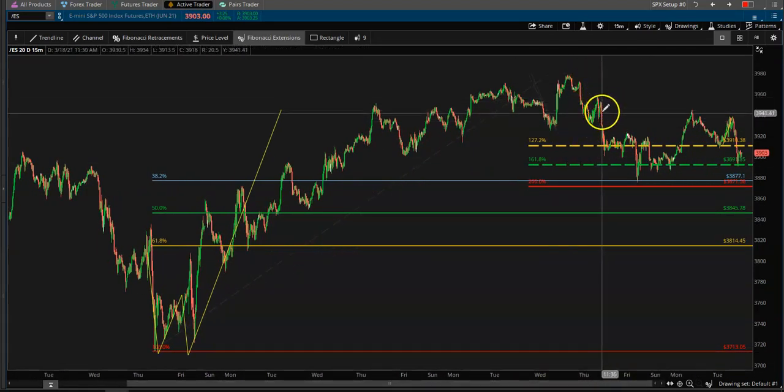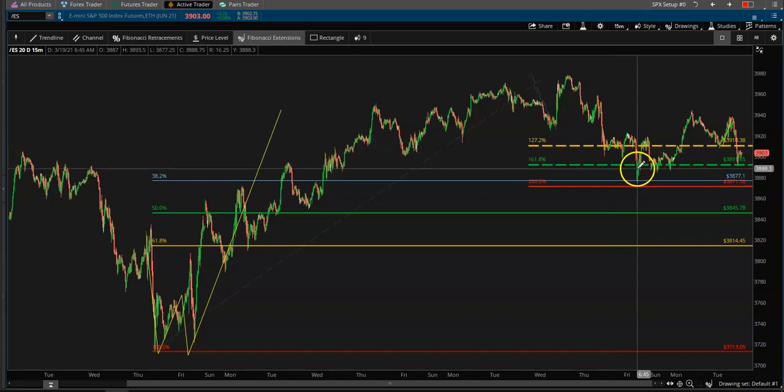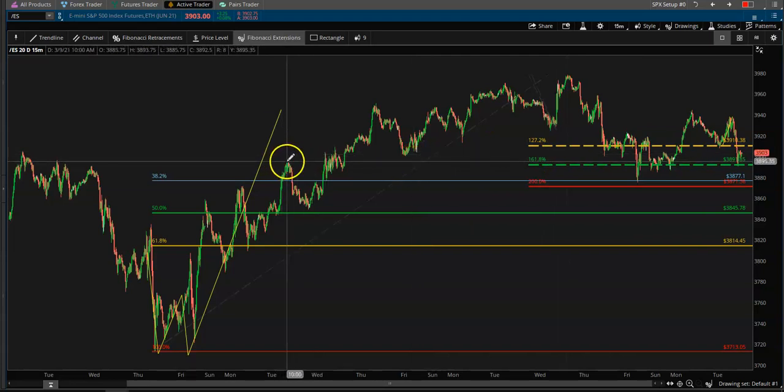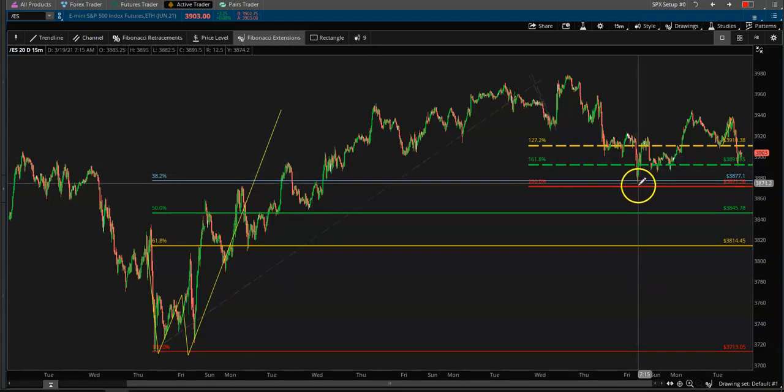Comes down, right? It reverses, comes right to the 127, bounces, goes sideways, blows through the 1618, because if we look over here, the only thing there was this, but it just didn't respect it, and it went all the way down to the 200, which is also that, and then a nice powerful move all the way back up.